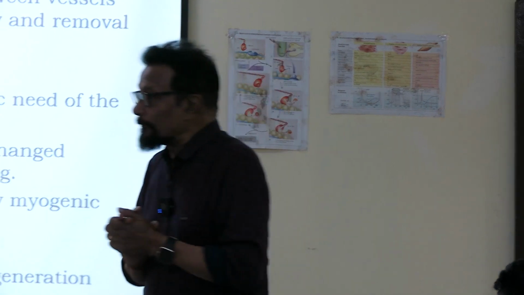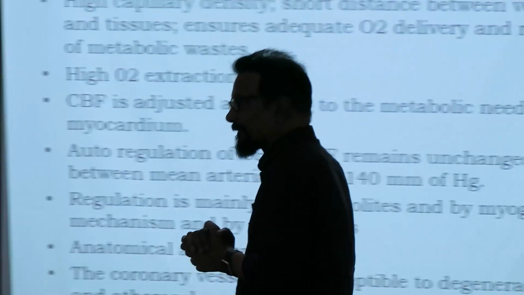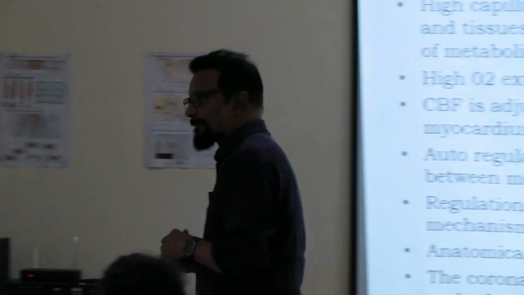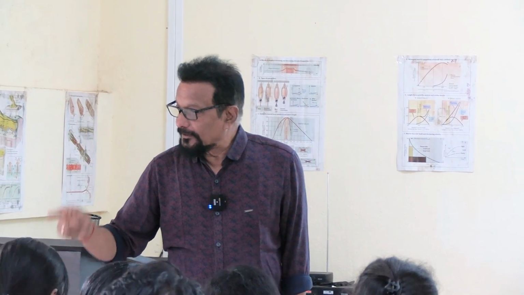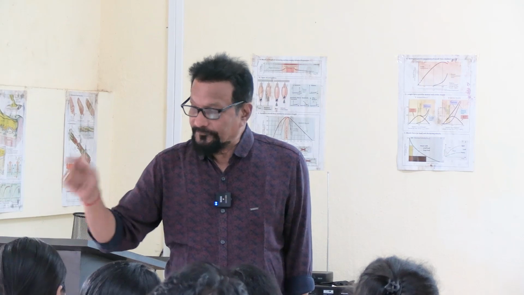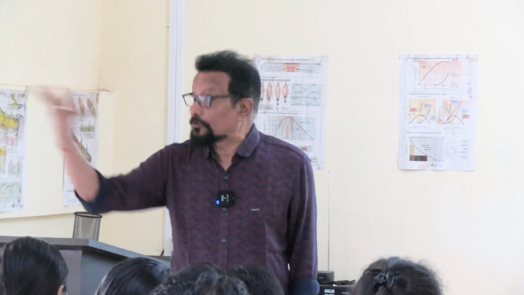So if hemoglobin is 100% saturated, 1 gram of hemoglobin can carry 1.34 milliliter of oxygen. Now if your blood has 15 gram of hemoglobin, then 100 ml of your blood can carry a certain amount of oxygen.